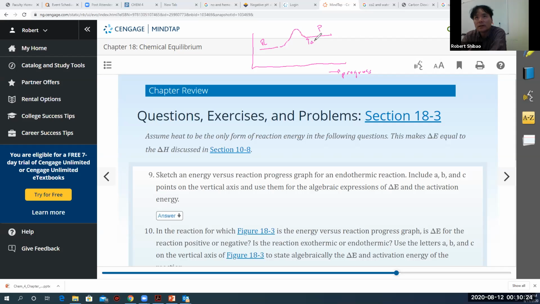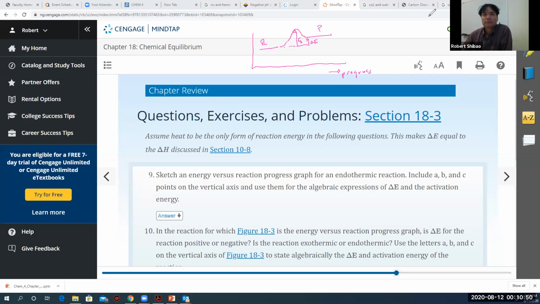This is our delta E, the energy difference between the reactant and the product. But we also have this hill to climb, E sub A, the activation energy. It's got to get up this hill and then drop down here. But overall, it's endothermic, so we need to go up in energy in this example.